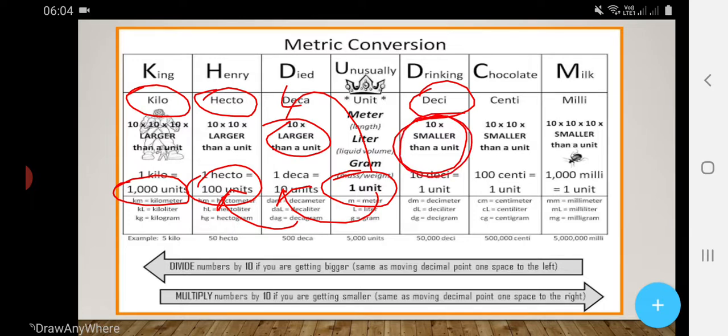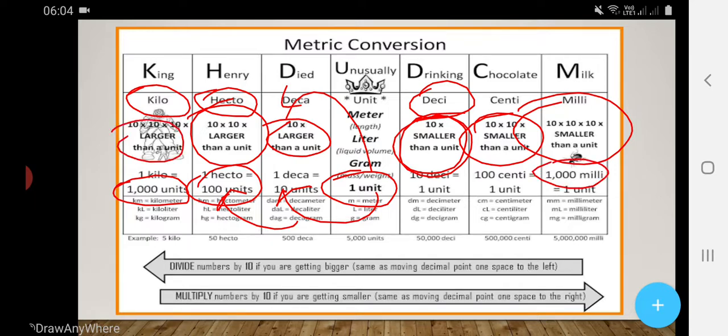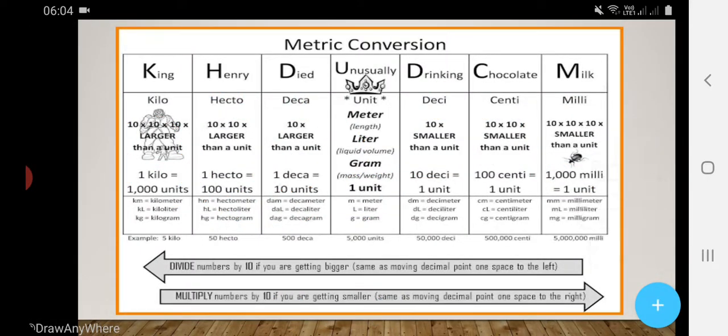If I want to go centi, this means 10 into 10 times smaller than a unit. Now, if I want to go milli, this means 10 into 10 into 10, that is 1000 times smaller than a unit. The left hand side means larger than a unit.